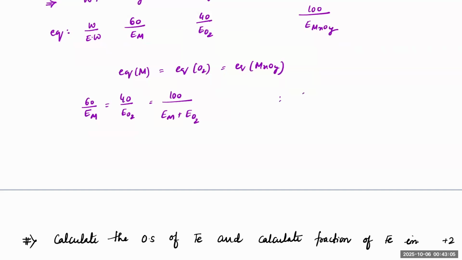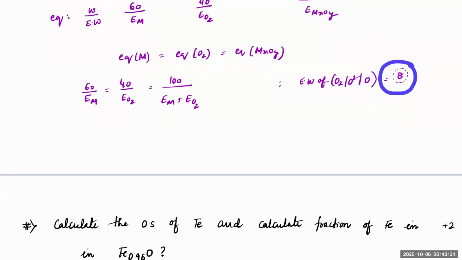And we learned that equivalent weight of oxygen in any form, whether it is O2, O2 minus or nascent oxygen, in any of these forms, will always be equal to 8. This is a fixed value. For hydrogen it is 1, for oxygen it is 8, for chlorine it is 35.5. So we will use that here.